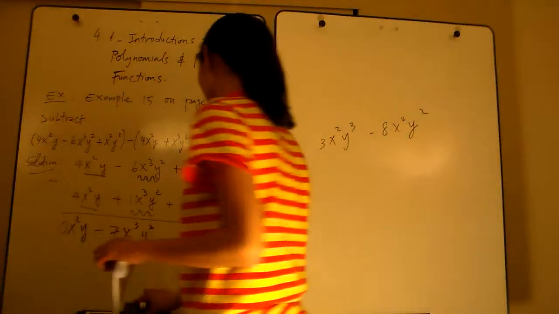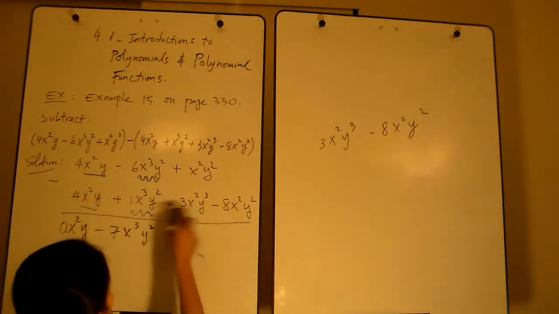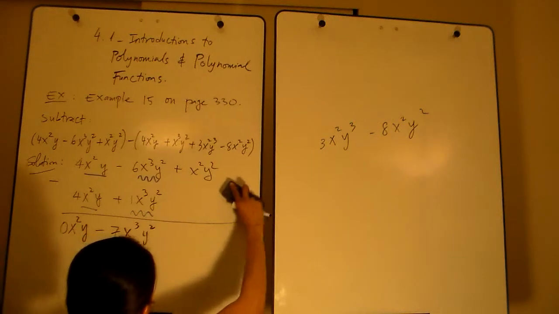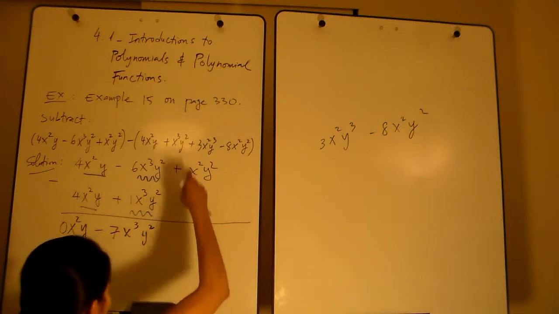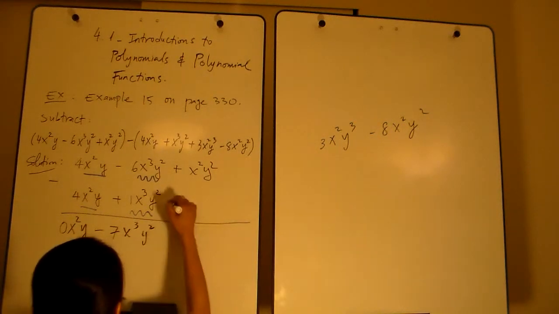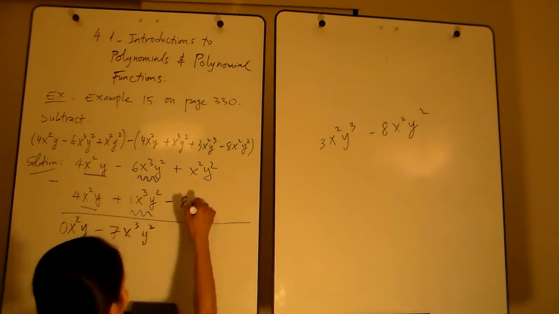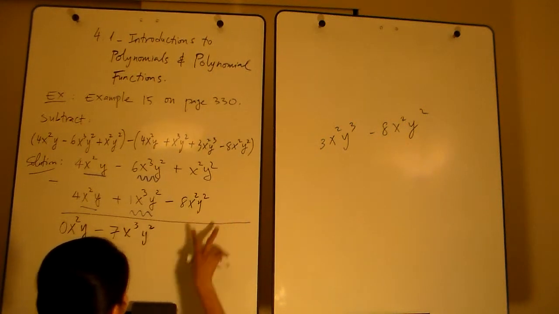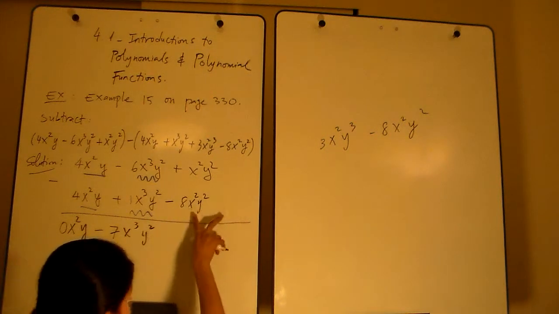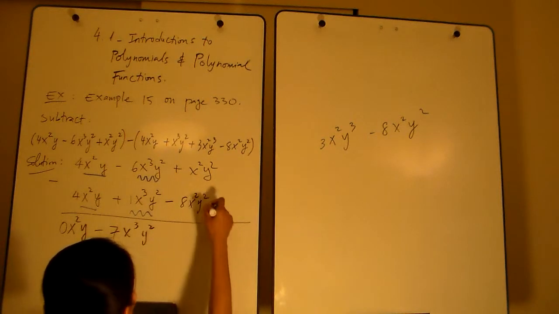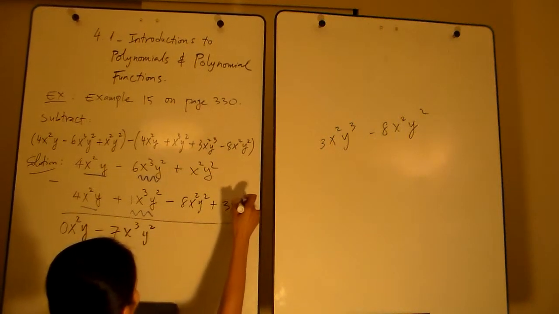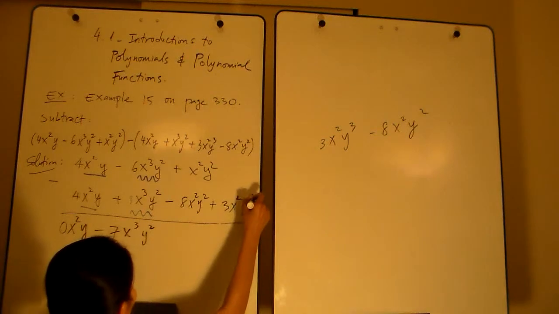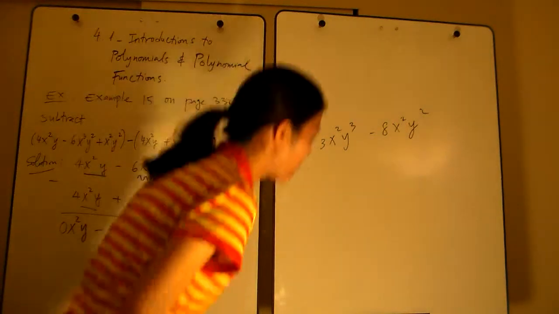I would switch these two terms so that the terms with the same variables all align. So subtract 8x squared y squared, I just switched the positions of these two terms, plus 3x squared y to the third power.